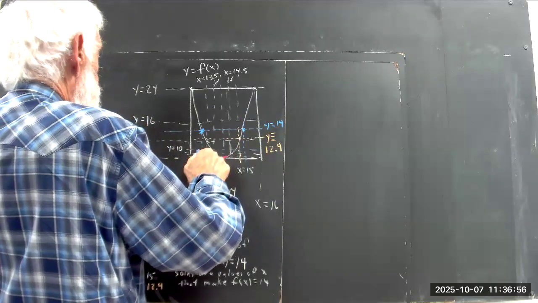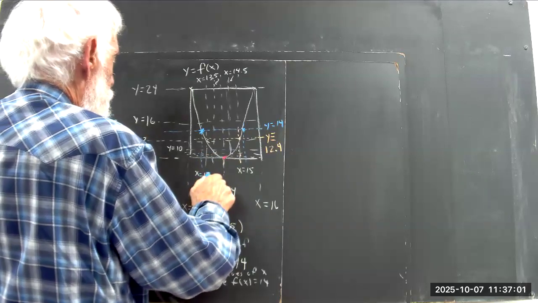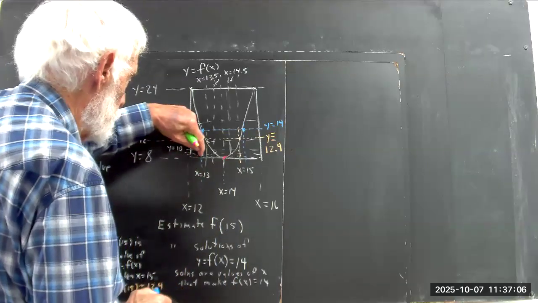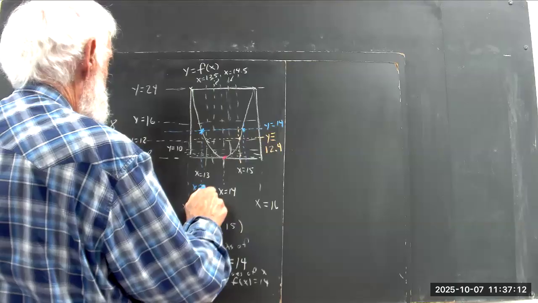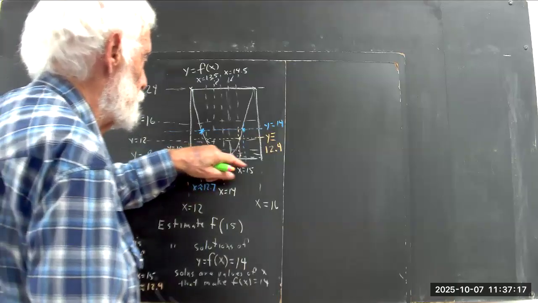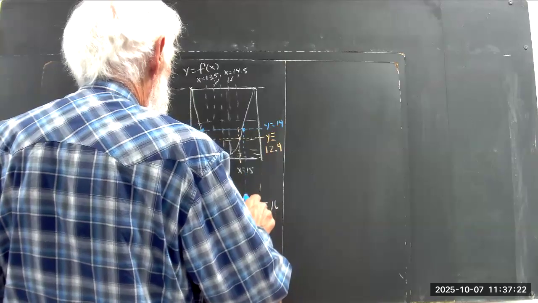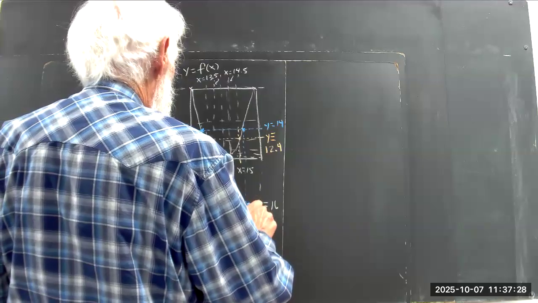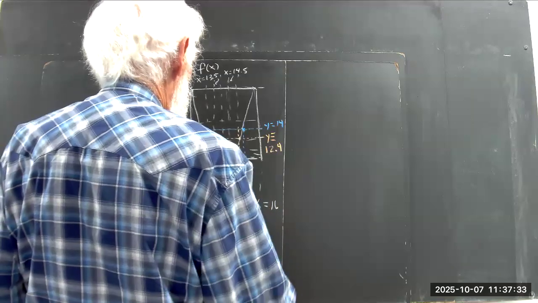So we simply project down here. I'm going to let that line extend through the label for x equals 13. Here's 12 and here's 13. That looks like about 12.7. Over here, here's 15 and here's 16. That looks a whole lot like x equals about 15.3.